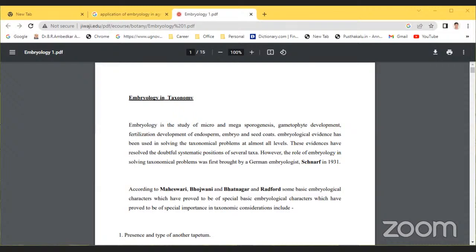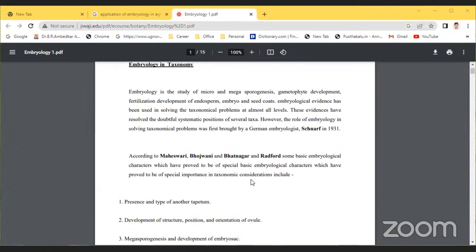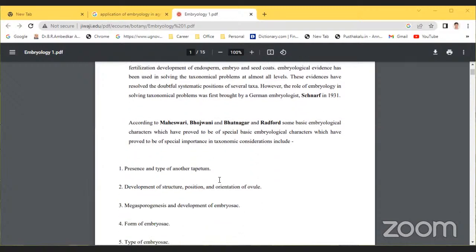The role of embryology in solving taxonomical problems was first shown by the German embryologist in 1931. According to Maheshwari, Johri, Bhatnagar, and Radford, some basic embryological characters have proved to be of special importance in the taxonomic consideration.